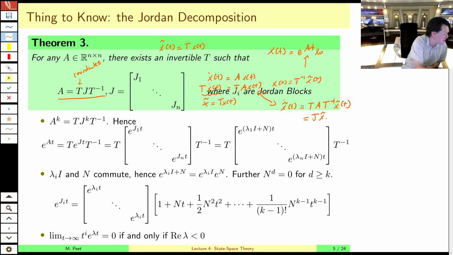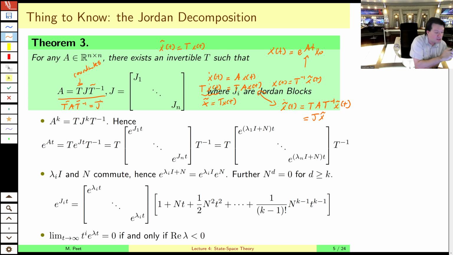Well, actually, I did that backwards. Sorry about that. If we just define T as T tilde, and T tilde is T inverse, then we can do the converse here: T tilde A T tilde inverse equals J. So there's a sort of converse version of this, which I'm using over here.